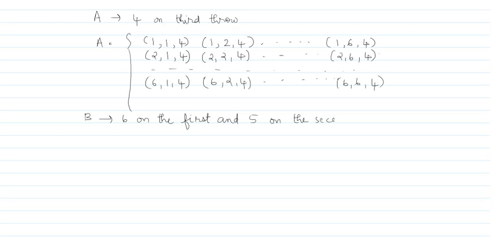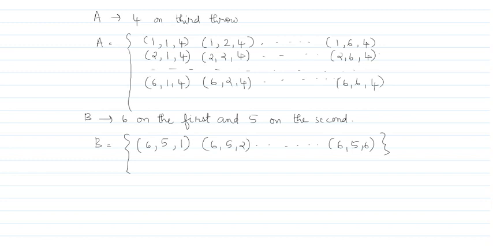So you have two things which are fixed here. The sample space corresponding to B is slightly easier to write. So you have 6 on the first, 5 on the second, then you can have 1 on the third, you can have a 2 on the third, etc. You can have a 6 on the third. Right. You have 6 different possibilities.